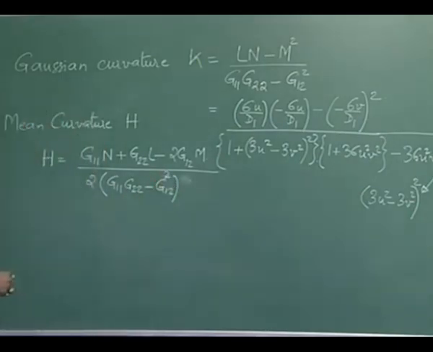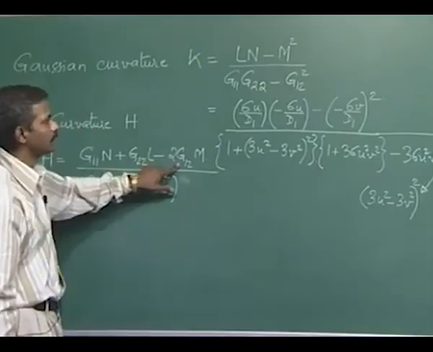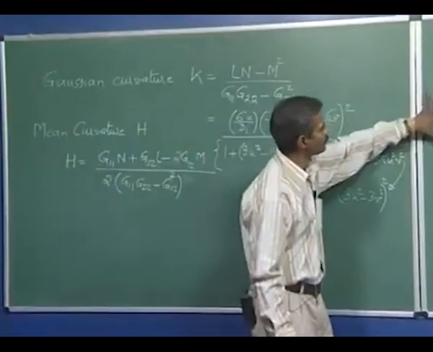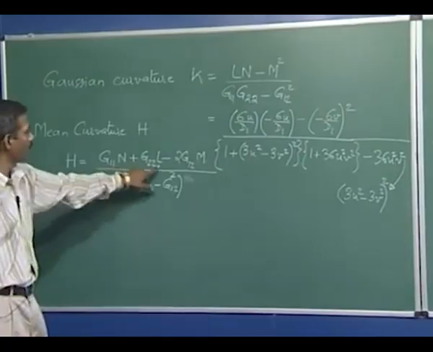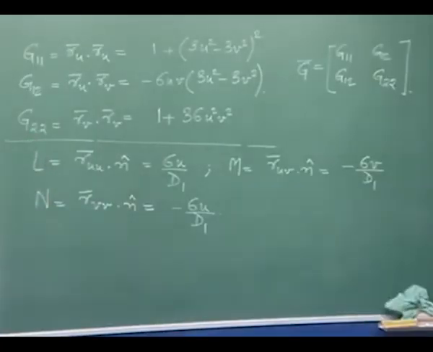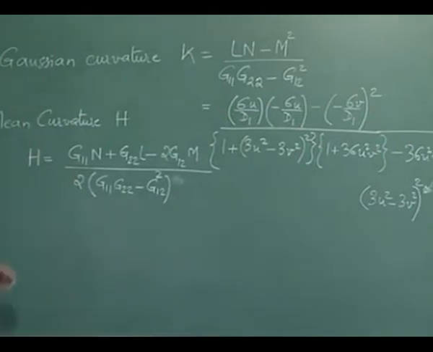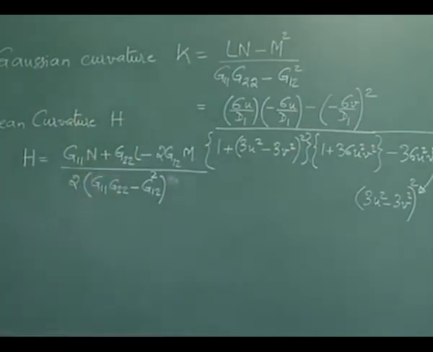The square term appears here. You have the expression for G11, G22 and G12 from here. You also know what N, L and M are from here. All you would need to do is substitute for these variables or elements to get the mean curvature.